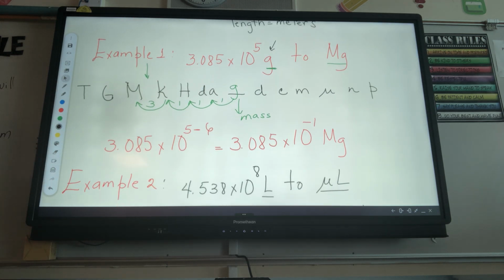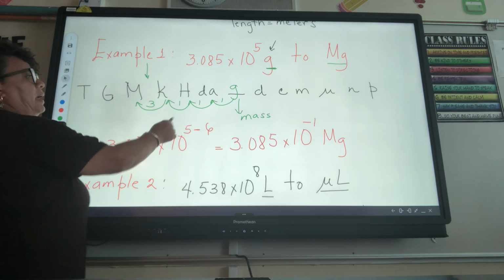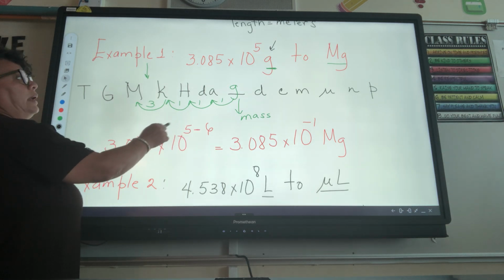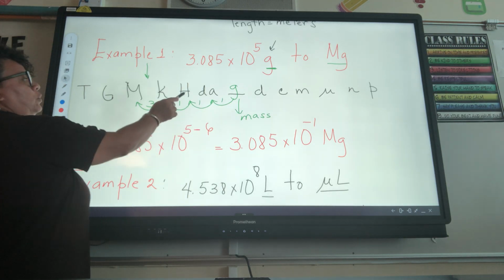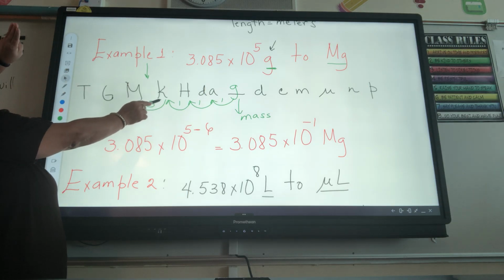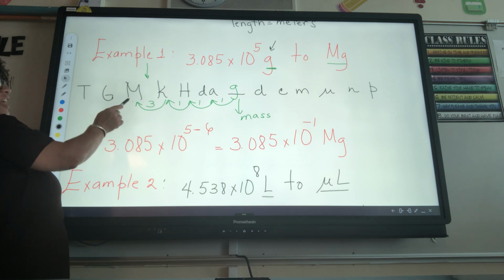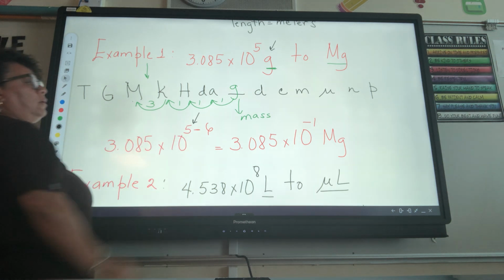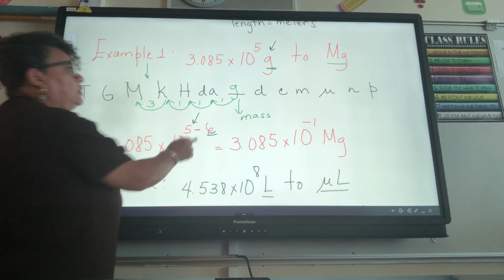So when I'm solving a problem like this, I'm going to keep my number the same, because I'm going to be working with my exponent. Grams to megagrams. 1, 2, 3. But then after the kilo, I have to start counting by 3. 3 plus 3, 6. And I'm moving to the left, so I'm going to subtract. That's where that 6 is coming from. Questions about that?